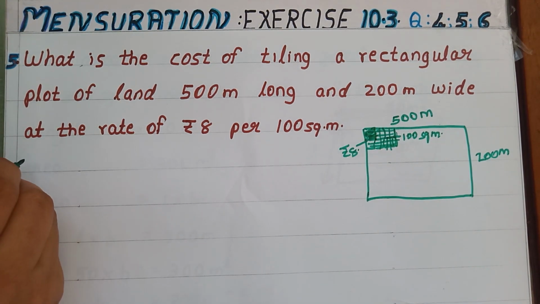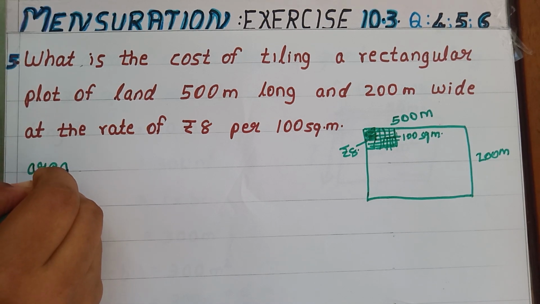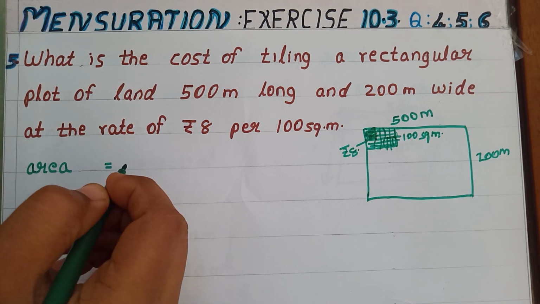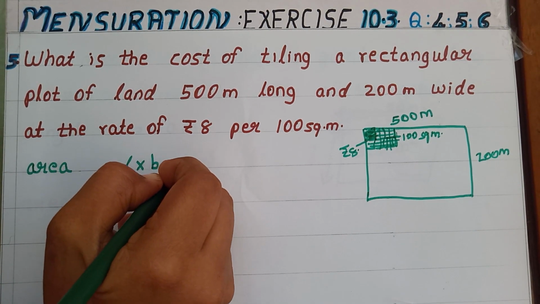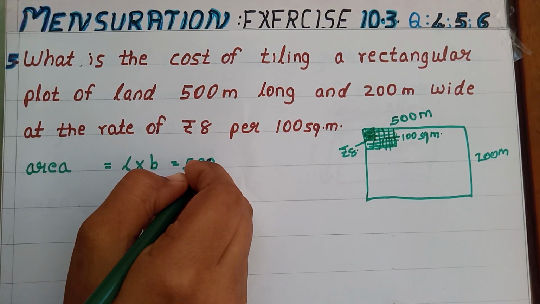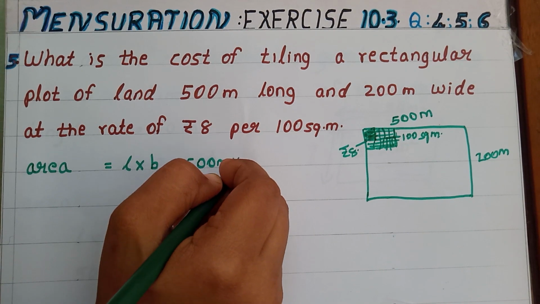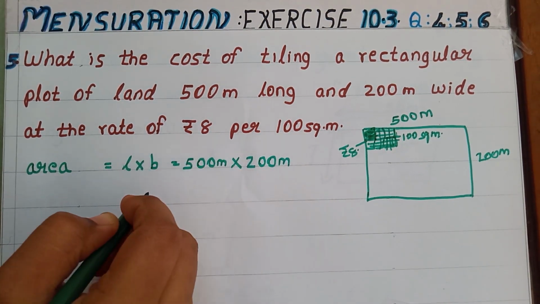So area equal to, now we know what is the need of finding area for this problem. Area equal to length into breadth equal to, length is 500 meter into breadth is 200 meter.